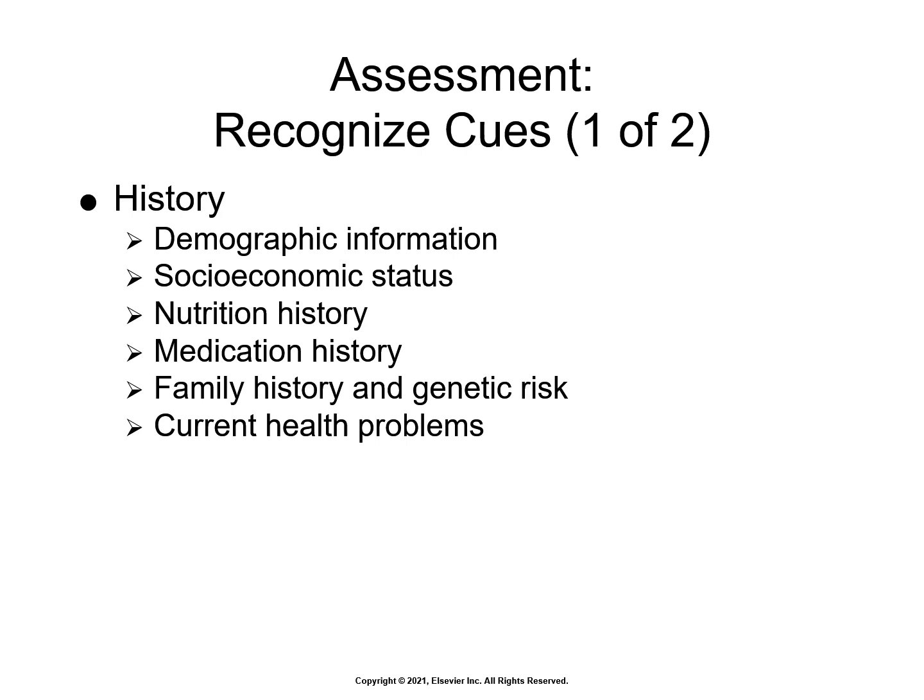You need to know their demographic information. That helps you to know where they live. Do they have access to certain things like bathrooms and food, and do they have ways to get their medicines? You want to know what their medical history is. What do they eat? And you also want to know family history and genetic risk.